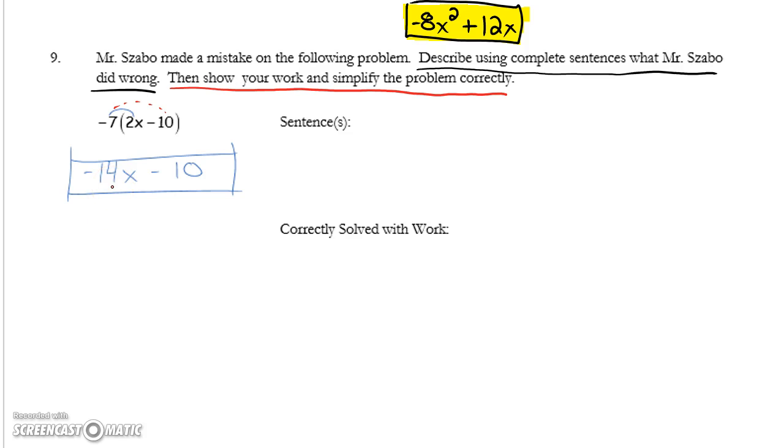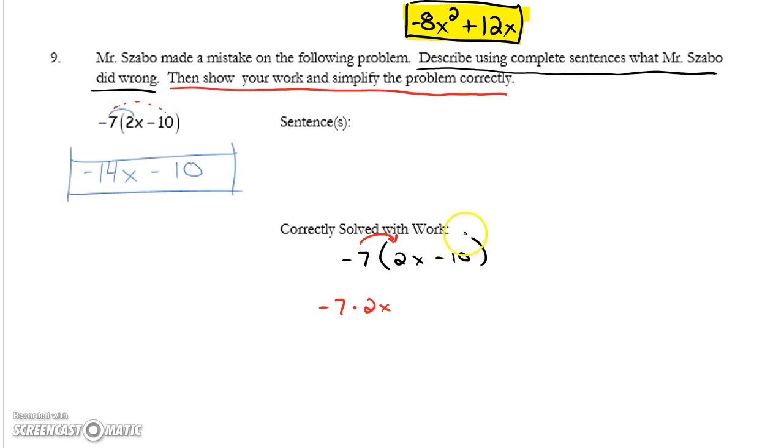Oftentimes when I am doing a problem like this, I will actually start with the show your work and simplify the problem correctly. That sometimes can be easier. So if I rewrite this problem down here and then go to solve it, I have negative 7 times 2x.